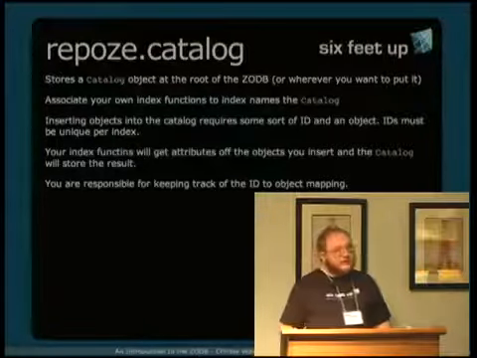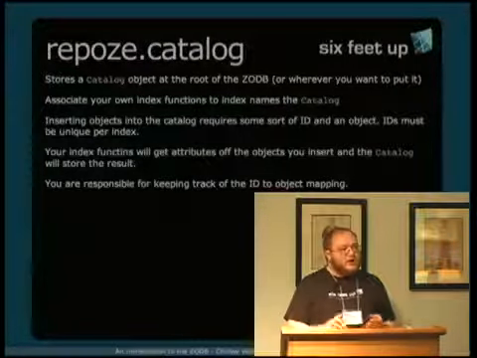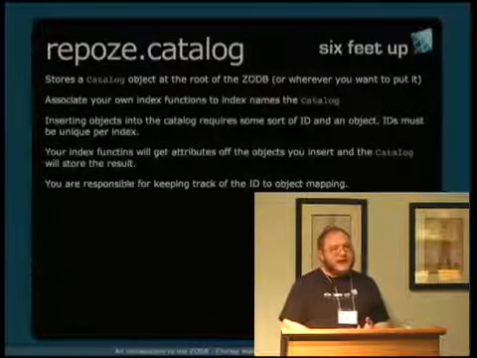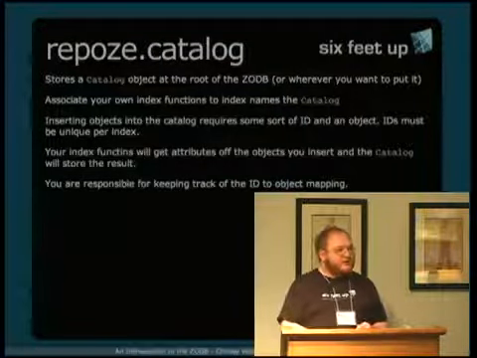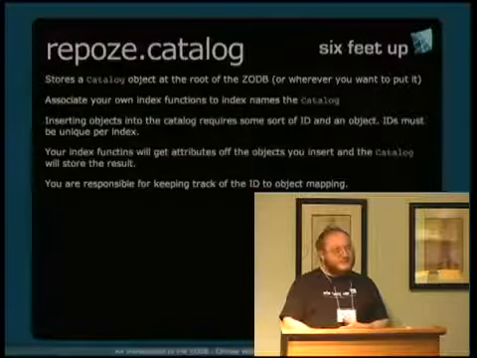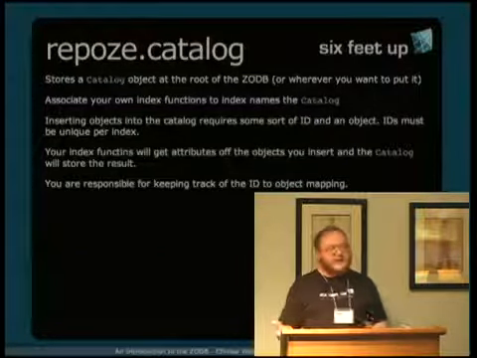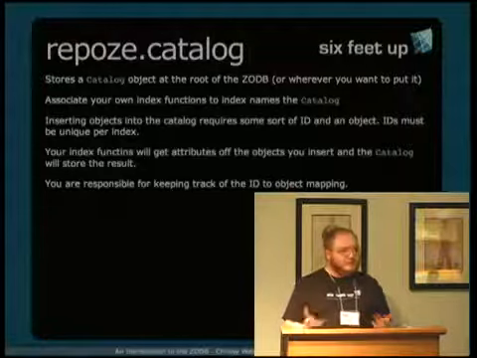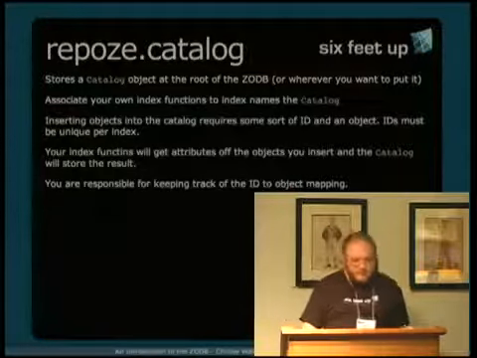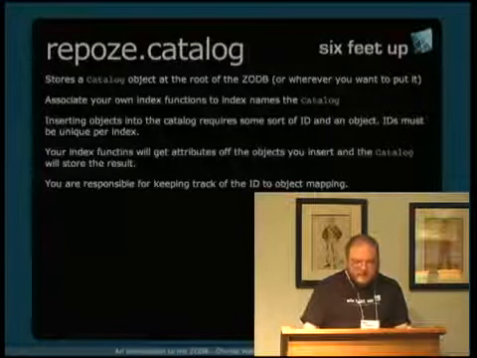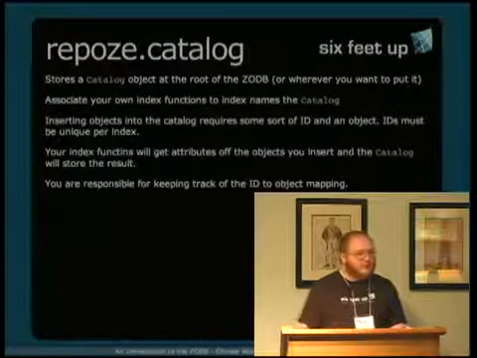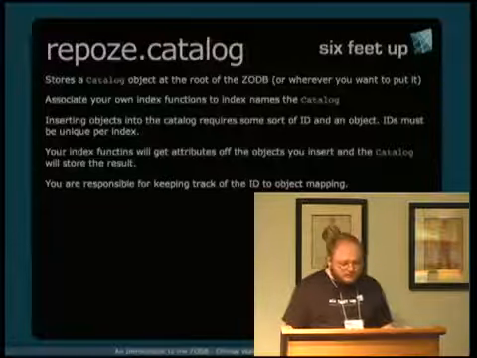All they should really do is take an object, look in that object to see if it has a specified attribute. So there's two arguments, the object and the attribute. If that attribute is on the object, return it, and if it's not, return a default value. So you return None or whatever you want to put there to count as a null. And then the catalog will store whatever result comes back if it's not None.